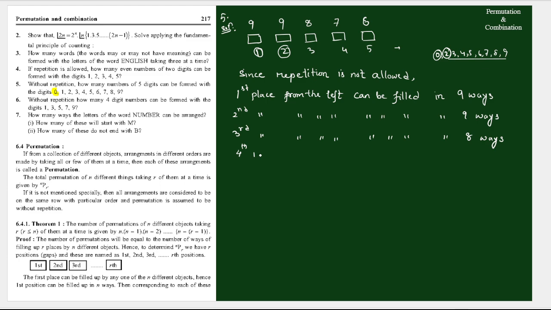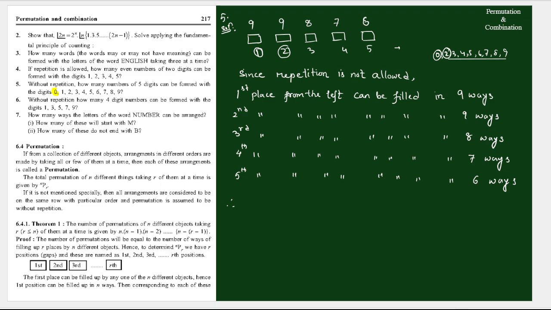Fourth place from the left can be filled in how many? 7 ways. Then fifth place from the left can be filled in 6 ways.